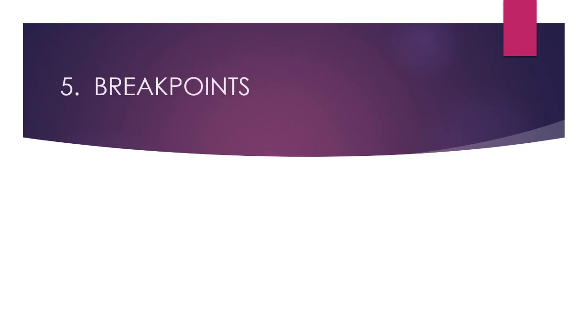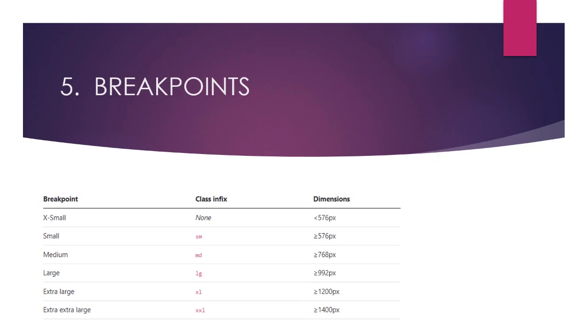Alright guys, the next thing we'll be looking at is breakpoints. Breakpoints are simply a summary of screen sizes. What Bootstrap has done is Bootstrap has summarized the width sizes.